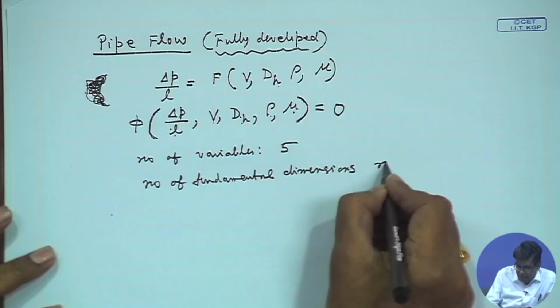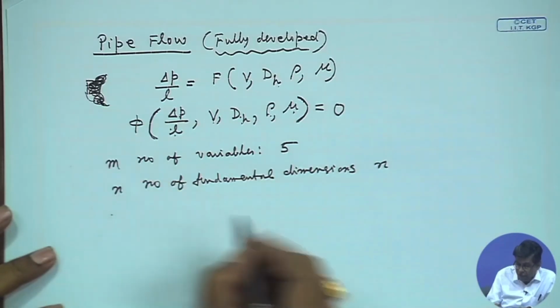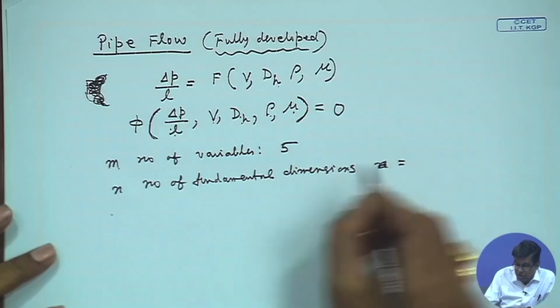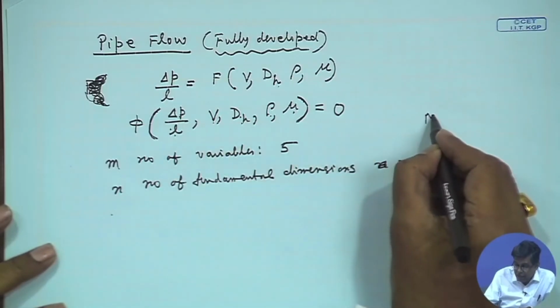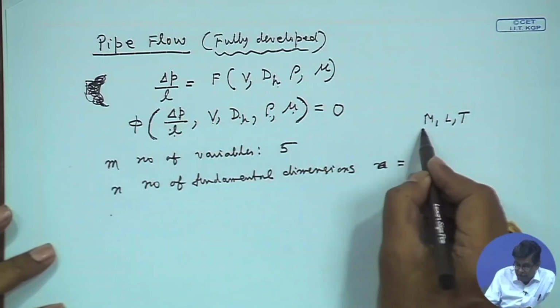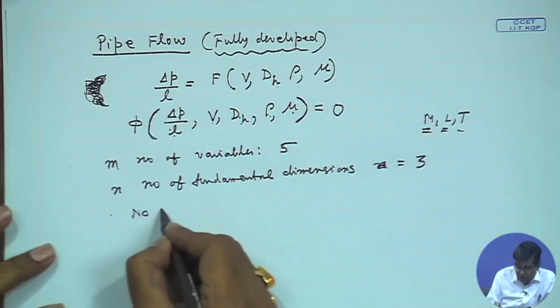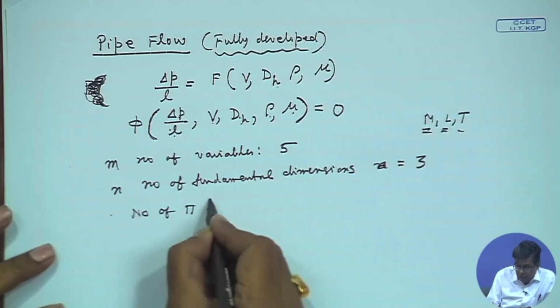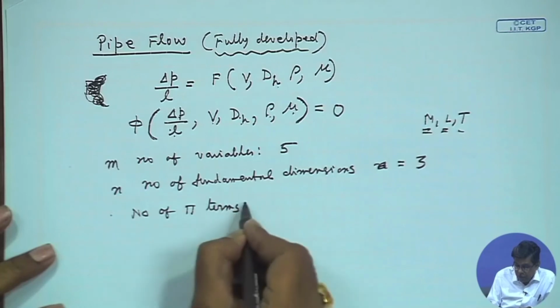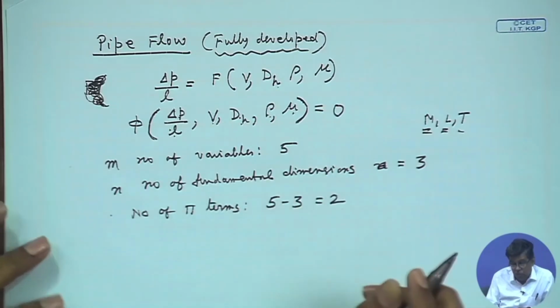The number of fundamental dimensions is n, and the number of variables is m. All these parameters are expressed in terms of 3 fundamental dimensions: mass, length and time. So, the number of pi terms is equal to 5 minus 3, which is 2. Therefore, 2 pi terms.